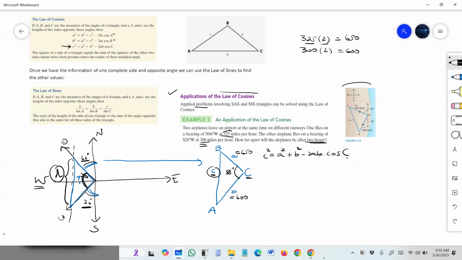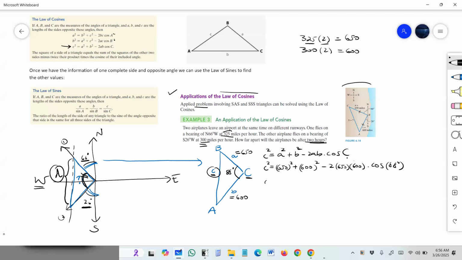Now I have A and B. So C squared equals A, which is 650 squared, plus B, which is 600 squared, minus 2 times 650 times 600 times cosine of 88 degrees.